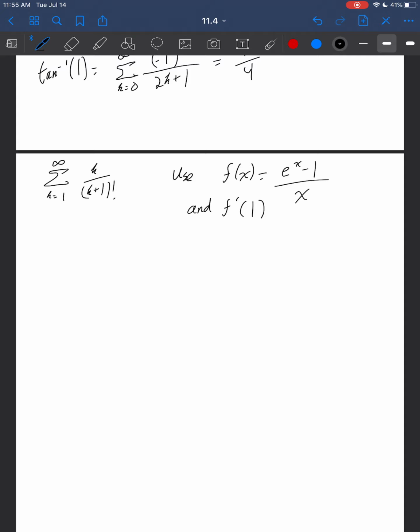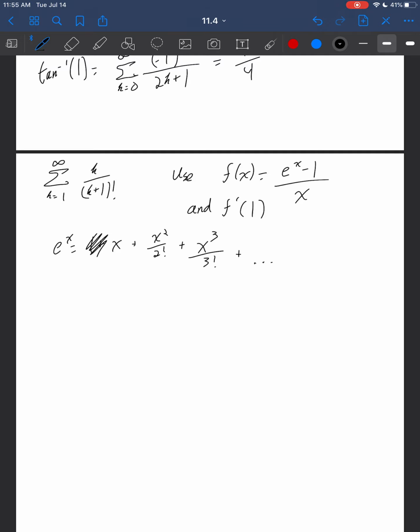Okay, so if I take (e to the x minus 1) over x, e to the x is 1 plus x plus x squared over 2 factorial plus x cubed over 3 factorial, so on and so forth.